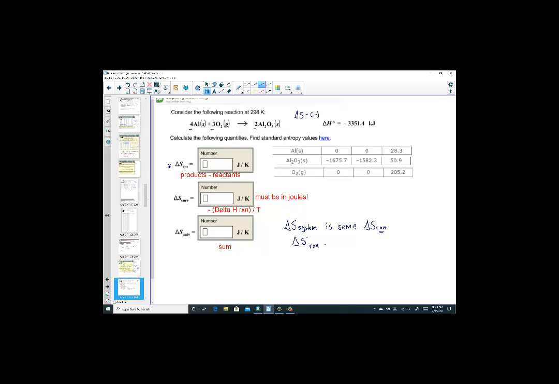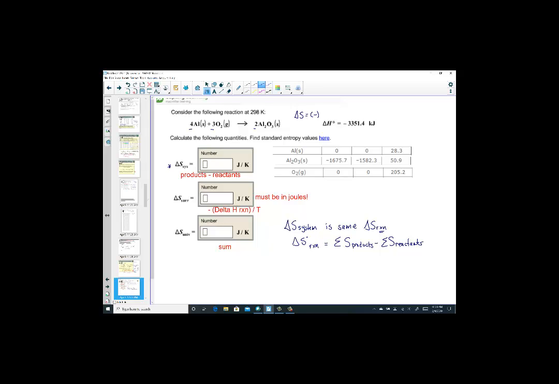Those are the same things. And that's going to be the sum of the entropy of products minus reactants. So let's go to work and solve for that.